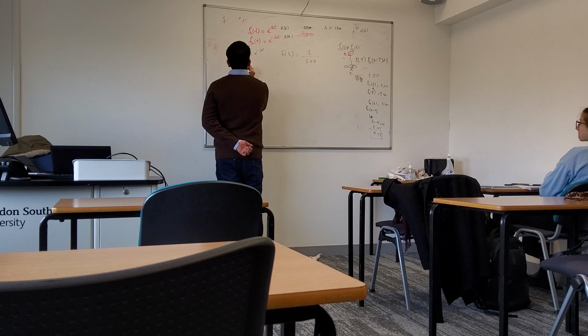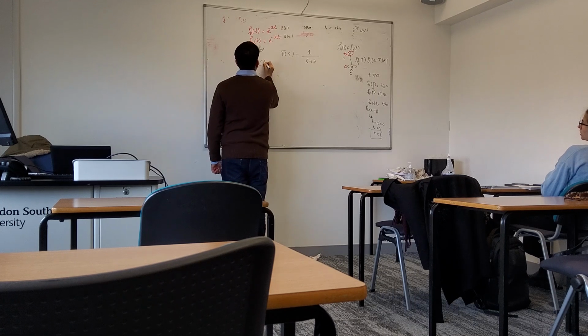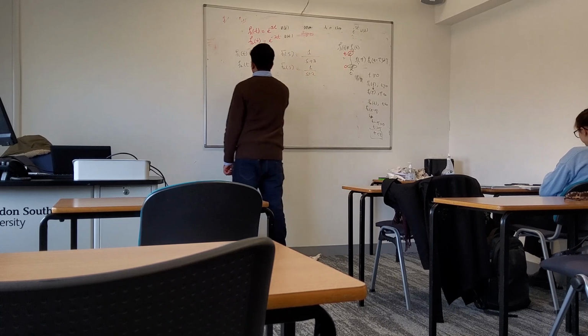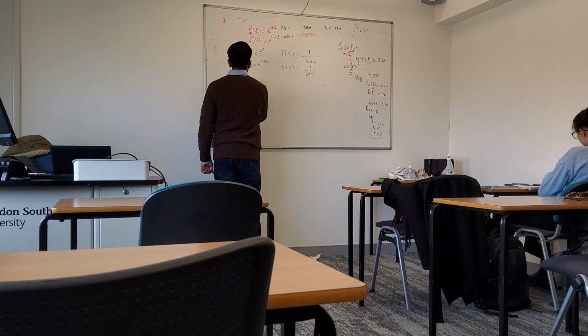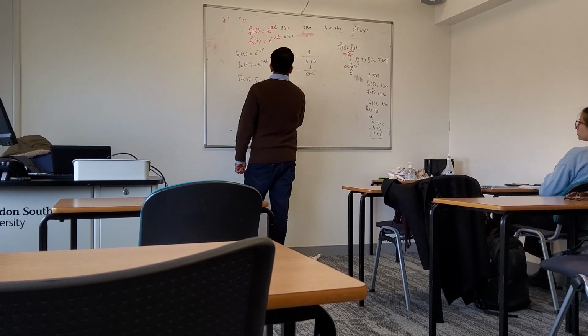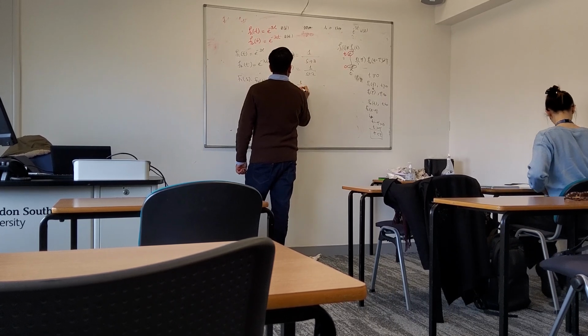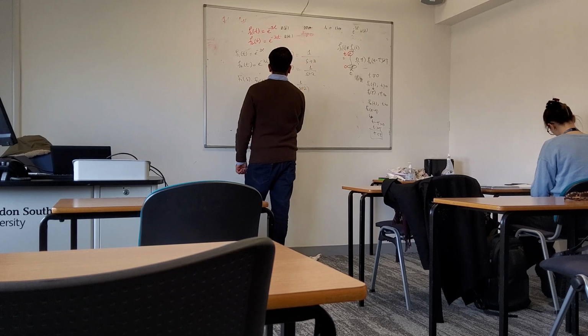And if f2 of t is e power minus 2t, then F2 of s is 1 divided by s plus 2, right? If I want to find F1 of s times F2 of s, it would be 1 divided by s plus 3, 1 divided by s plus 2.